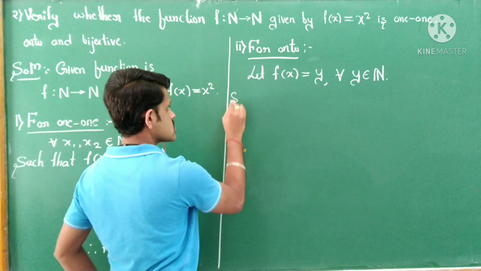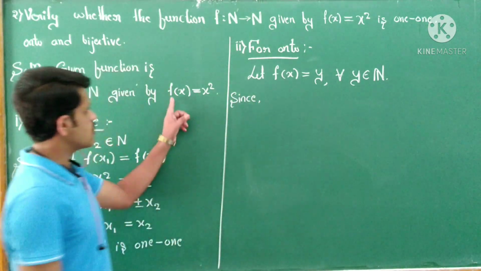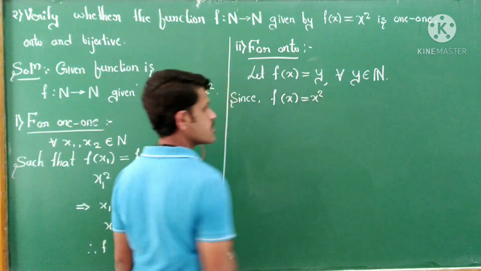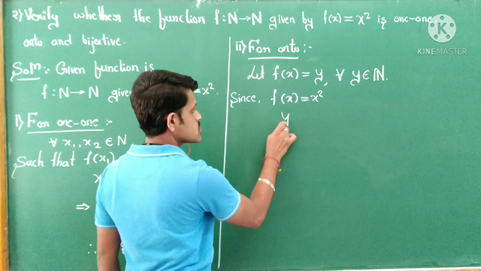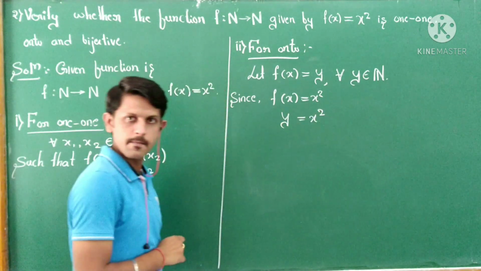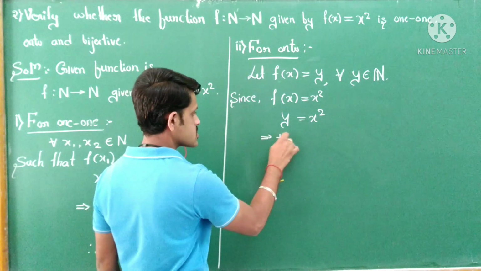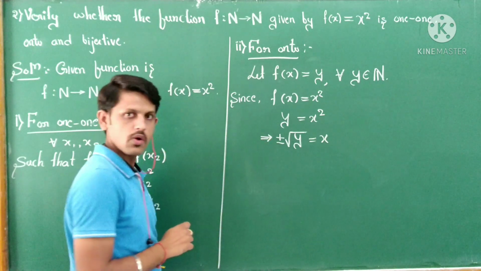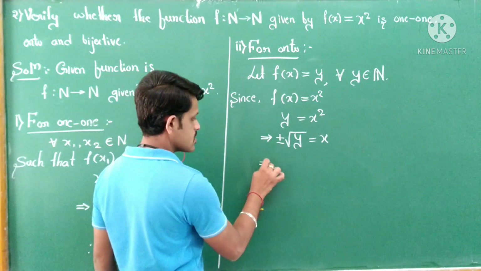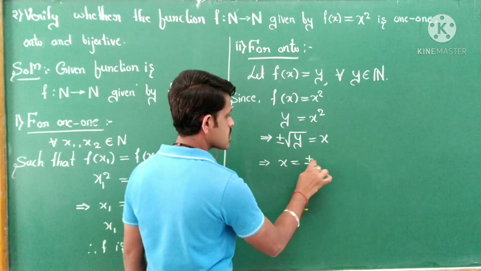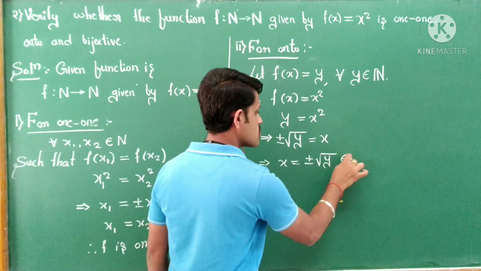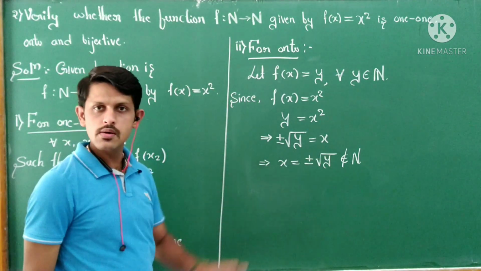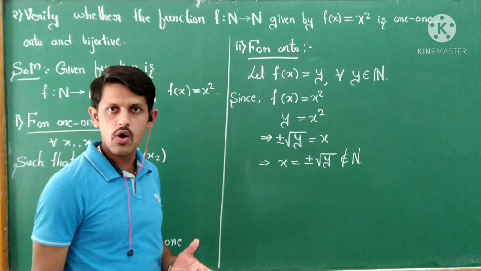Since f of x is equal to x square, f of x is equal to y, so y is equal to x square. Squaring on both sides, x is equal to plus or minus square root of y. This does not belong to natural numbers N.